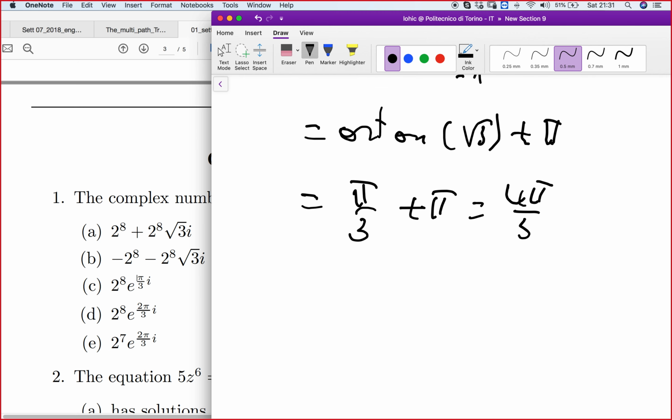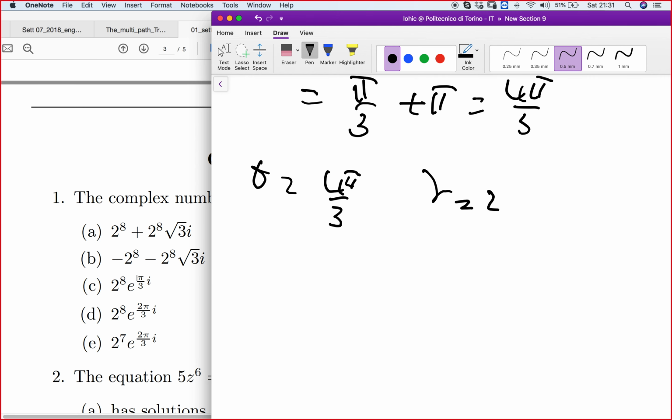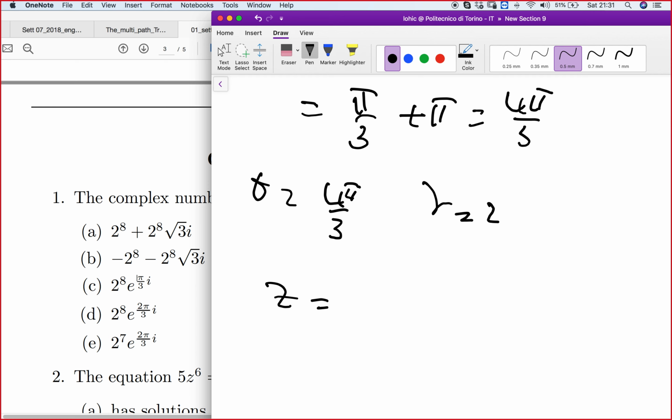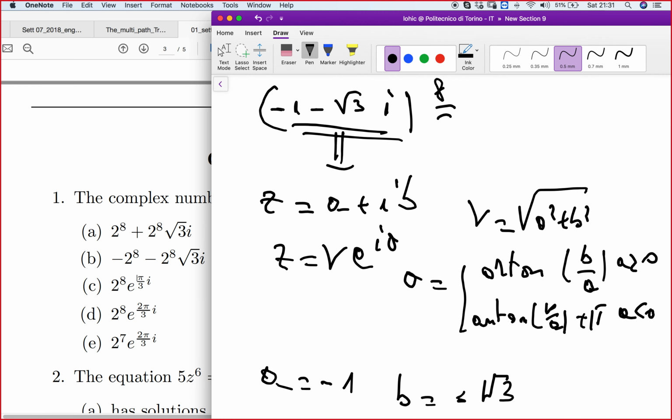So we got that theta is 4 pi over 3 and r is 2. So our complex number z, that was minus 1 minus root 3 i, is actually equal to 2 exponential of i times 4 pi over 3. We moved from this form to this one.